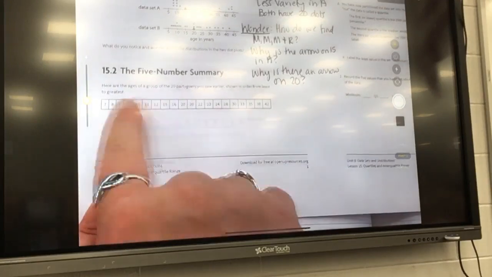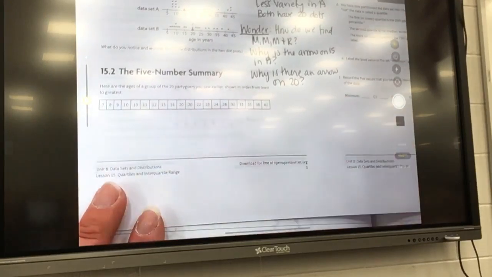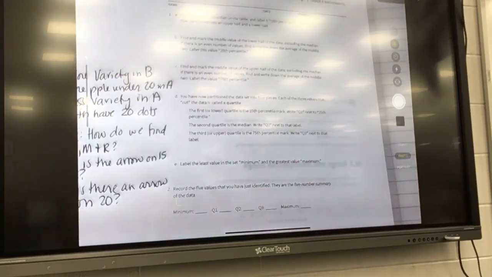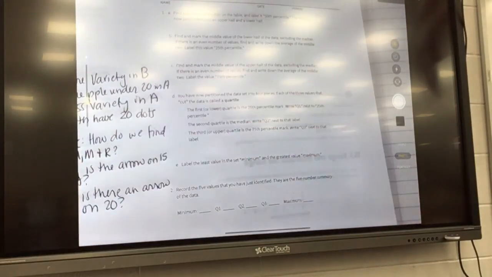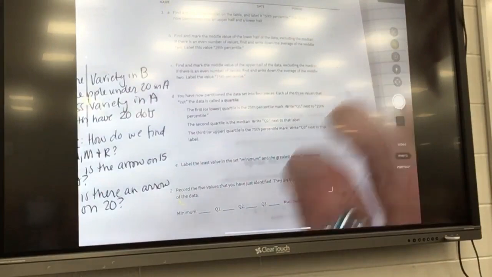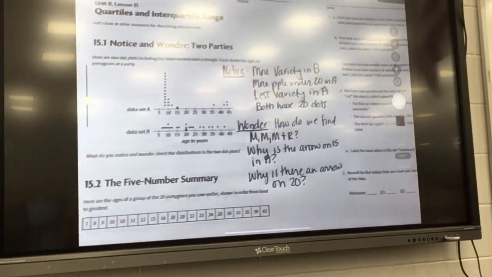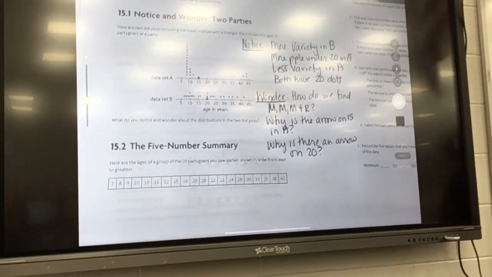All right, so we are gonna be using this data set for the different activities that we're gonna be doing. So you guys will slide over to this side. I'm gonna keep the data set on the screen so that we can see it. Does that make sense? All right, so number 1 says, find and mark the median on the table and label it 50th percent. The data is now partitioned into an upper and lower half.